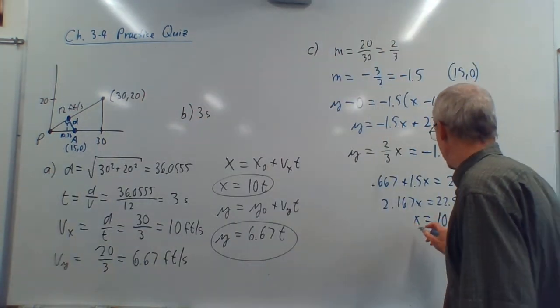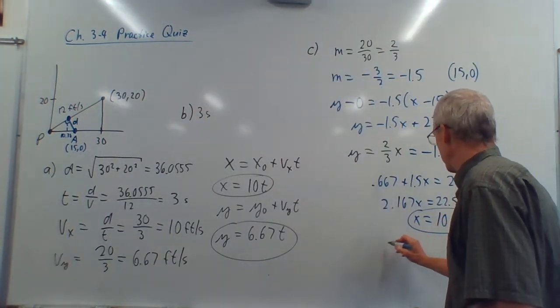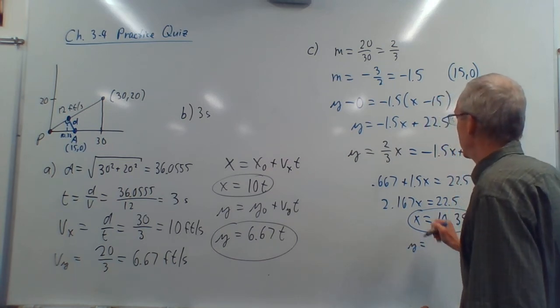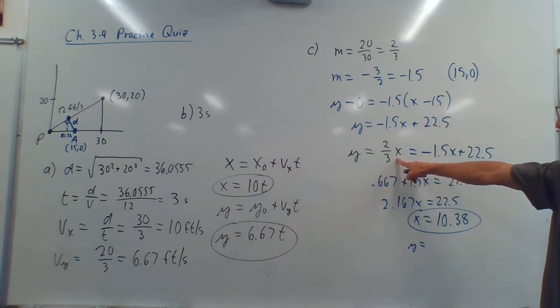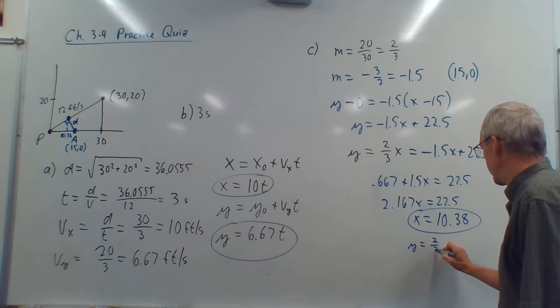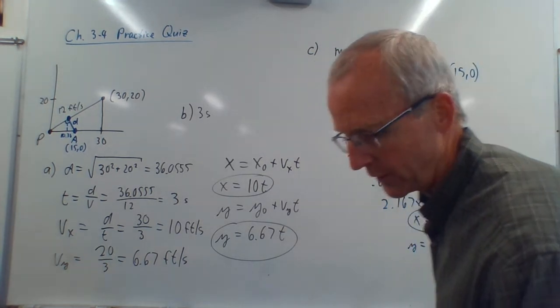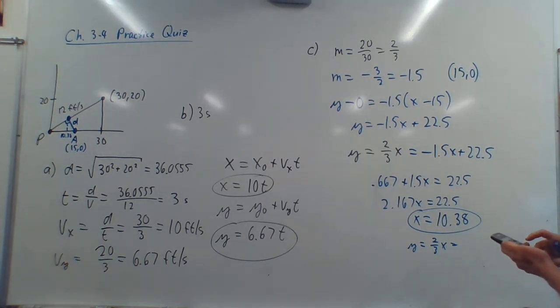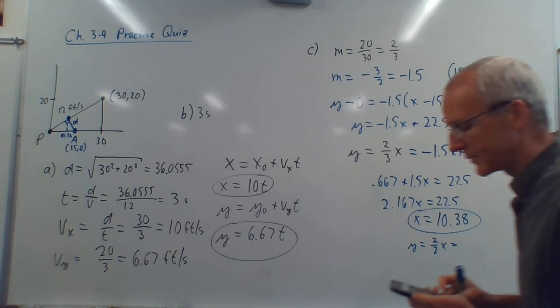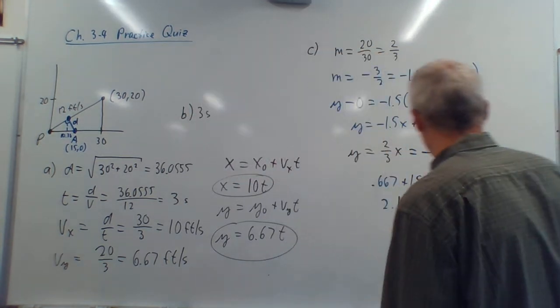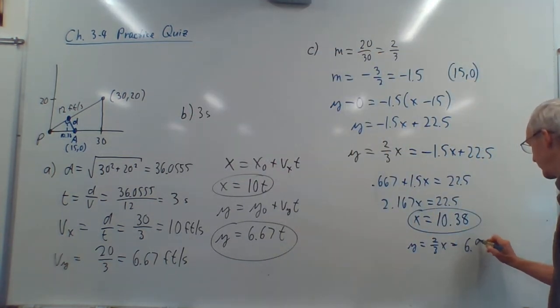So the y value then, always use the easy formula, right? Let's use this one, 2/3 of the x value. So what's 2/3 of 10.38? I'll multiply by 2, divide by 3. I get 6.92.